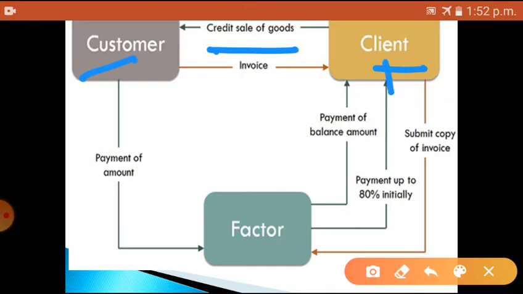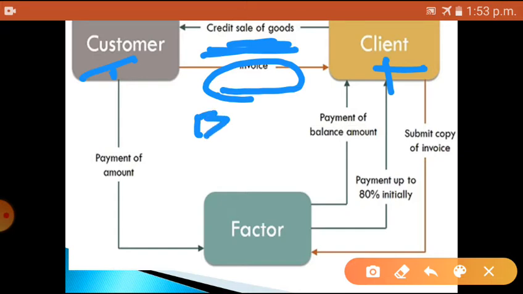Immediately the client will send all the invoices or bills to the customers, to pay the amount on time. Suppose the customer is not paying the amount on time, then the client will hire the factor.